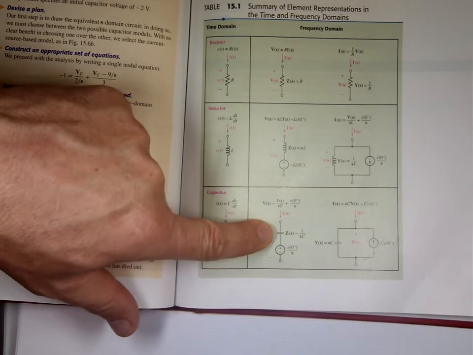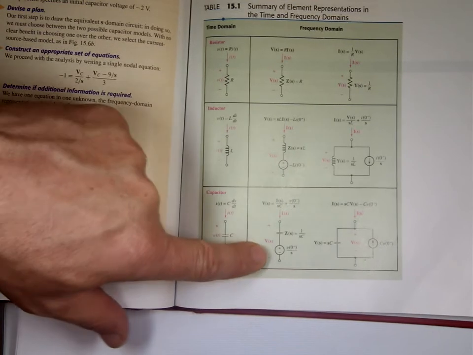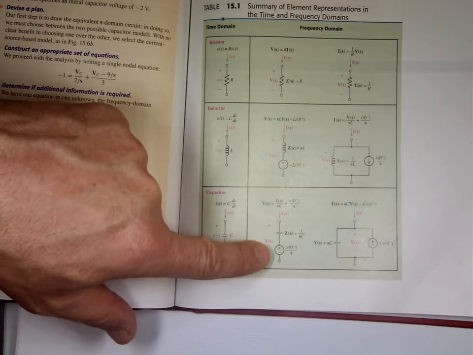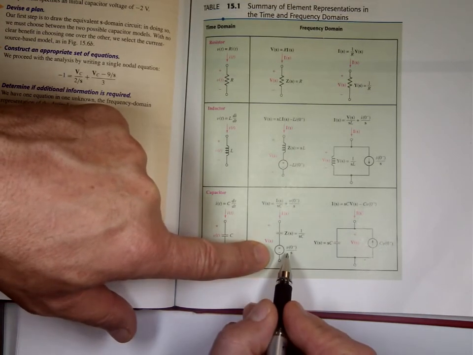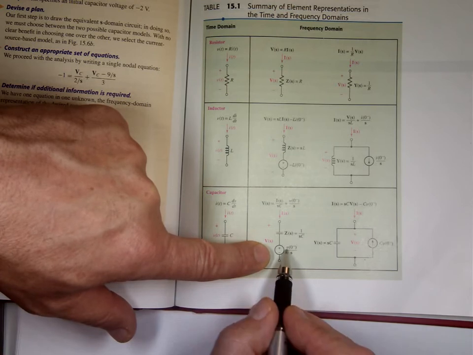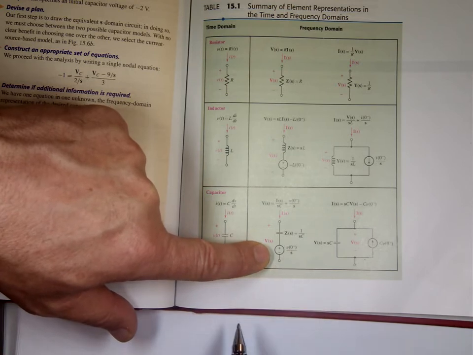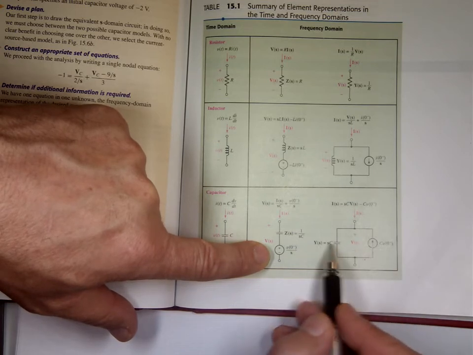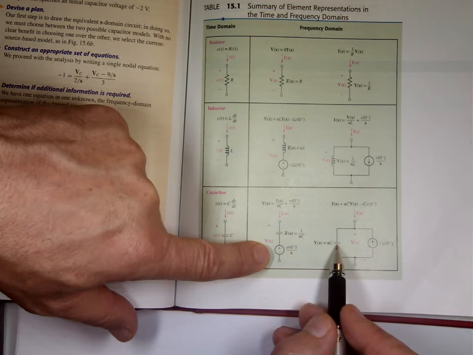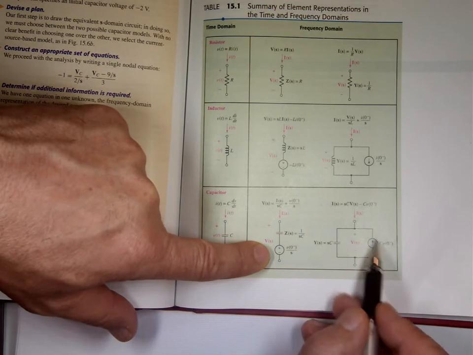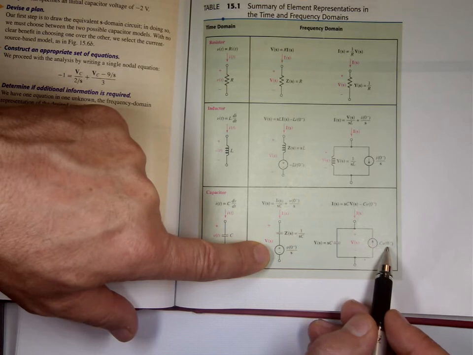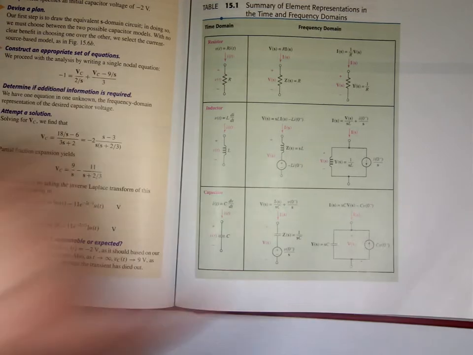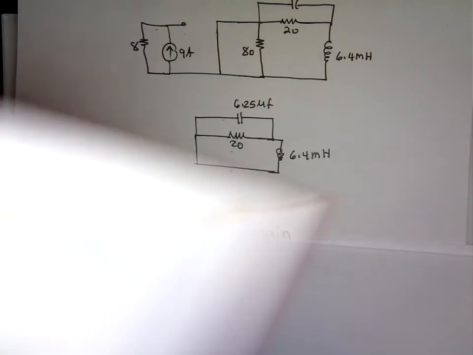You can replace it with 1 over SC with a voltage source, the value of that being V of 0 over S. Or you can replace it with a current source, with a capacitor of value SC here, with a current pointing upwards, C times V sub 0. So let me try the first one.